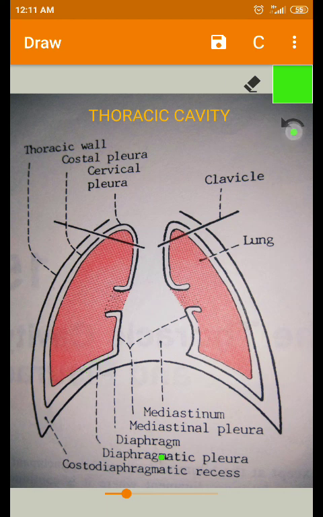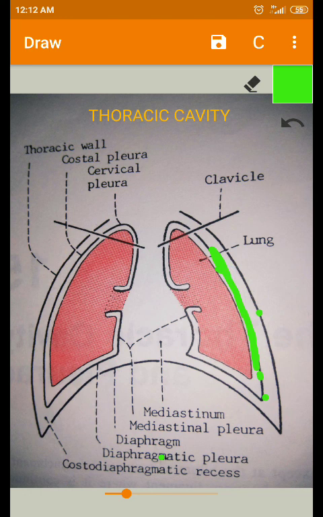Now coming to the parietal pleura. This is the outermost layer. This parietal pleura is thicker than the pulmonary pleura and it is divided into 4 parts. One is the costal part, which is related to the wall of the thorax on the lateral side, called the costal pleura.